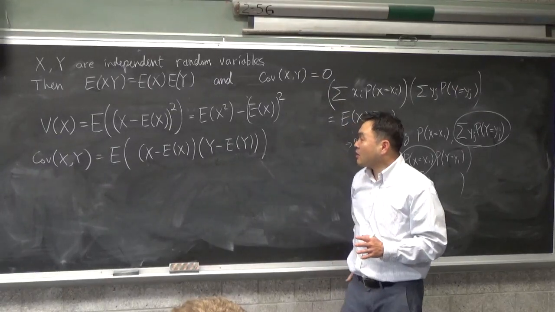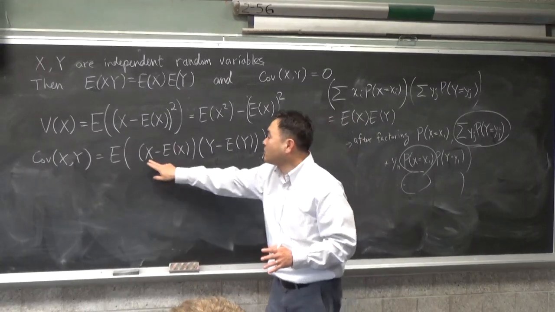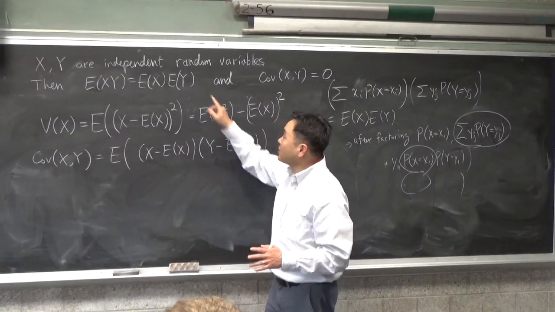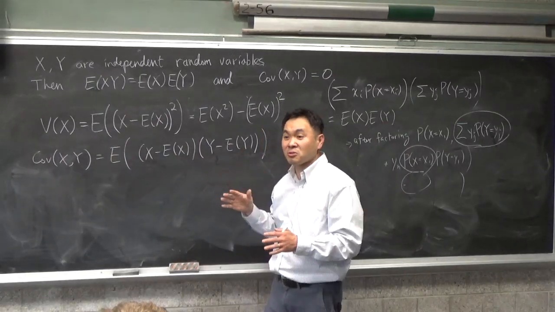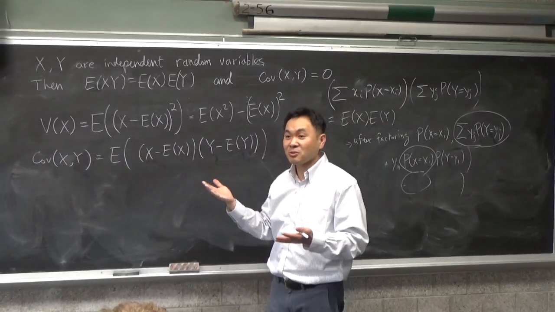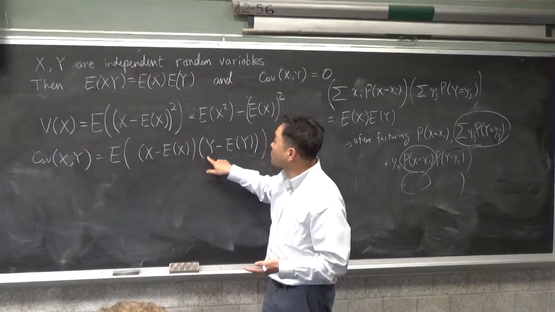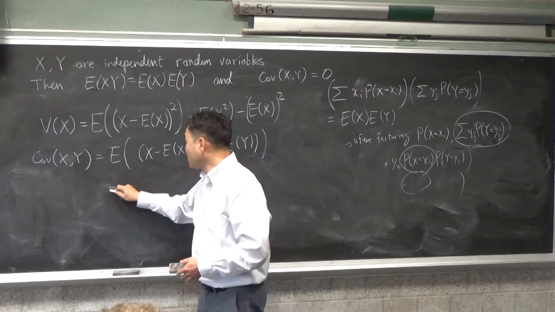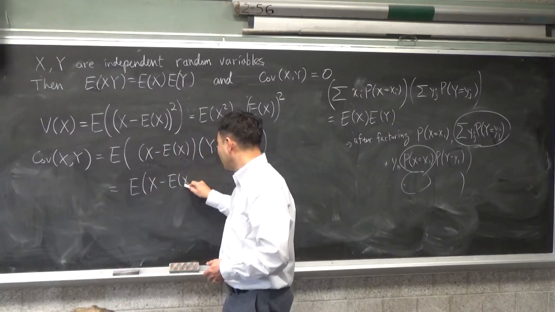But now, here's a really easy way to prove it. See, if X and Y are independent, then X minus a constant and Y minus a constant would still be independent, right? Do you agree? Yeah, it's not going to do anything. So I can just apply this rule. So what is that? That's E of (X minus EX) times (Y minus EY).